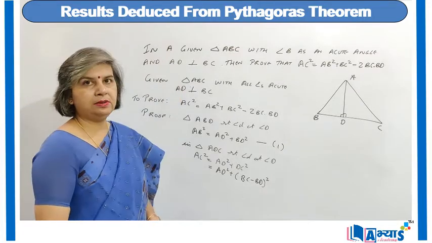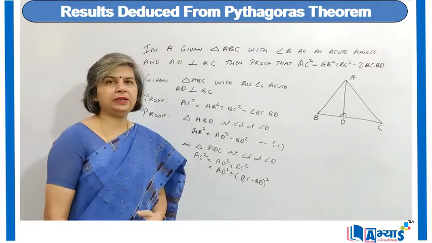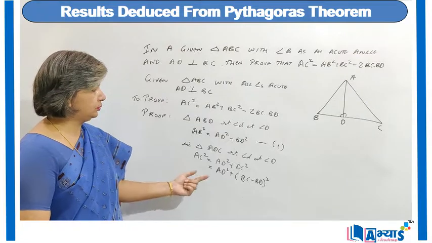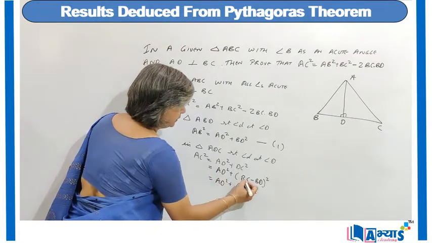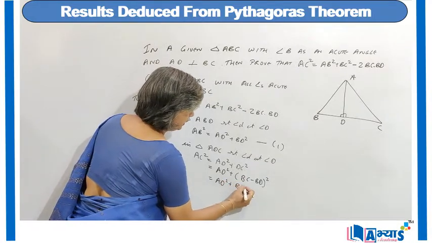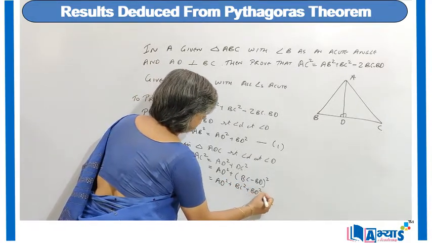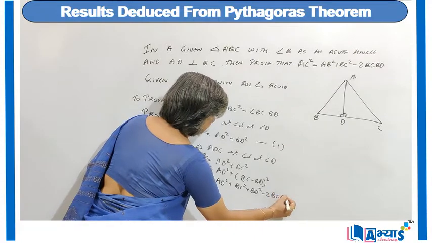Now we will apply the identity for A minus B whole square. To solve it, we get AD square plus BC square plus BD square minus 2BC into BD.